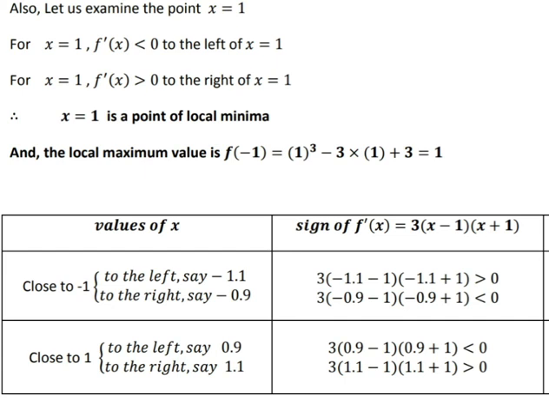And say you're taking another number which is on the right of 1, say 1.1, and you will find that f prime of 1.1 is greater than 0. So the slope of the tangent changes from negative to positive.